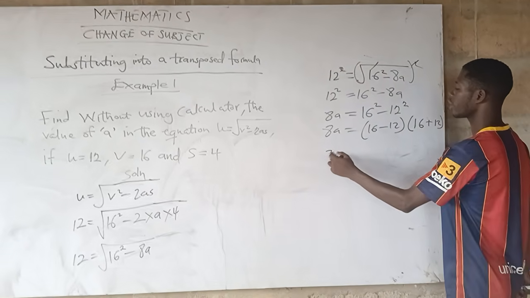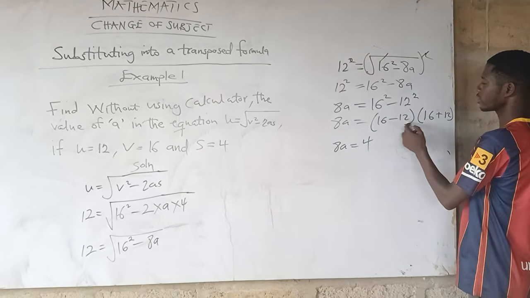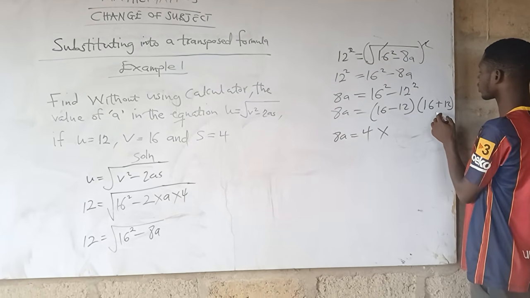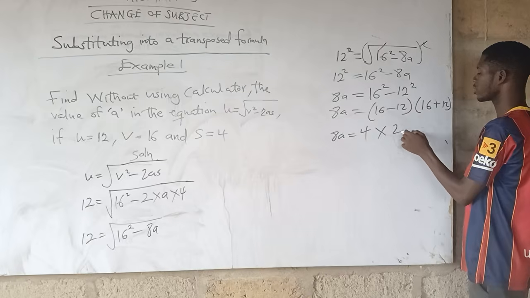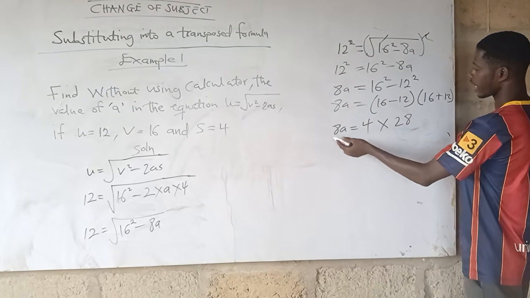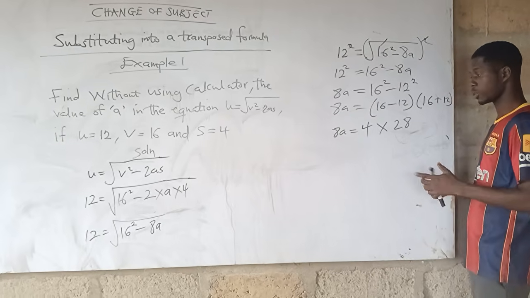We get 8a is equal to 4 multiplying 28. Now we can divide both sides by 8, since we are not to use a calculator.